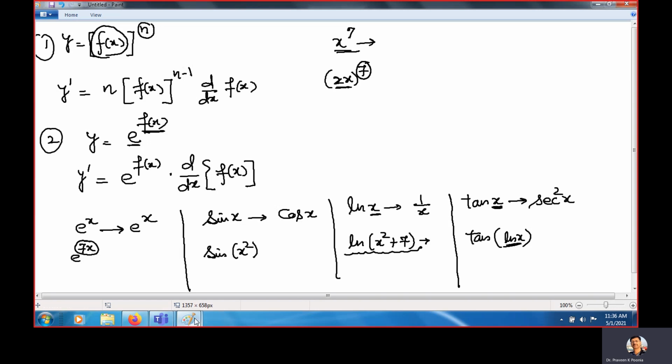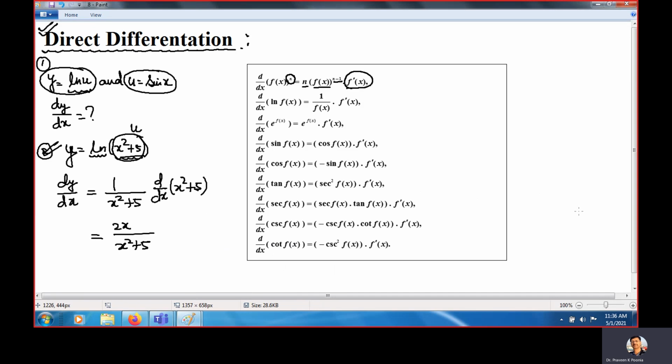These are the formulae for the direct differentiation technique. If ln f(x) is written, first we'll differentiate ln, so the answer is 1 upon f(x), and then the differentiation of f(x). So for every function you will see the derivative of f(x) written separately. This is called the direct differentiation technique.